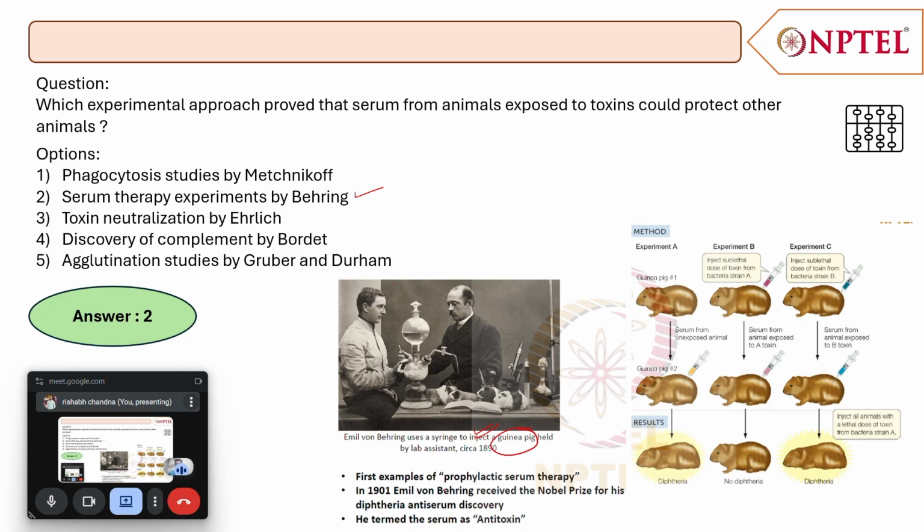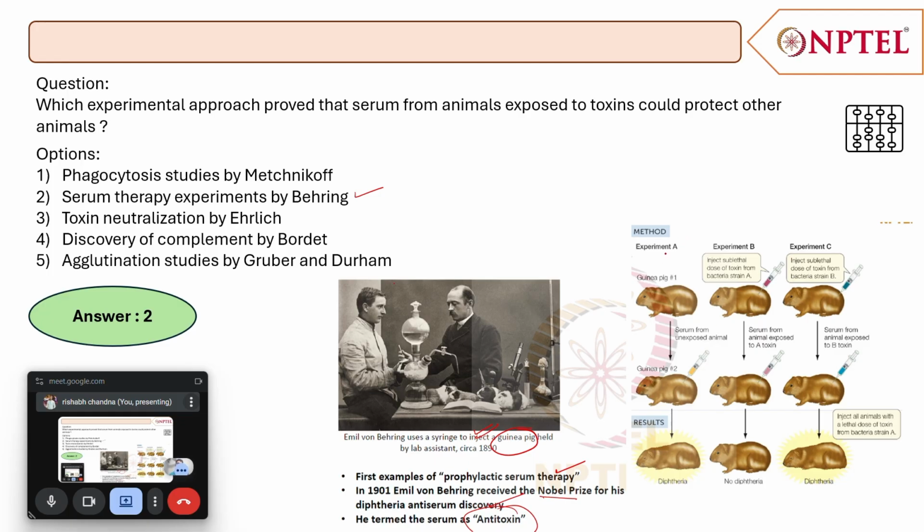So it was the first example of prophylactic serum therapy, and he also received a Nobel Prize for his diphtheria anti-serum discovery, and he termed the serum as antitoxin. Okay, so here was the experiment that he conducted.